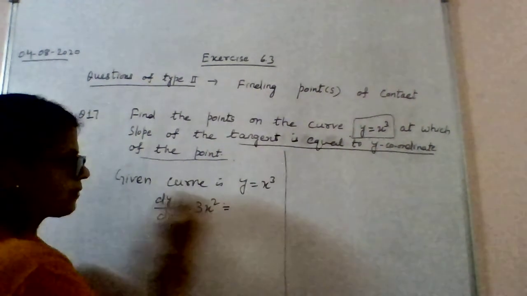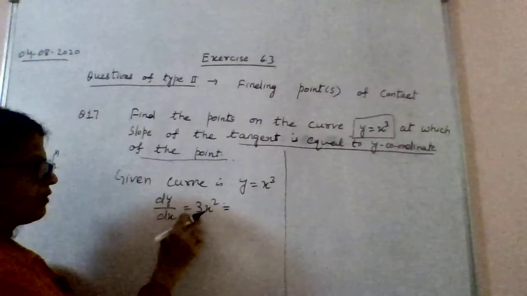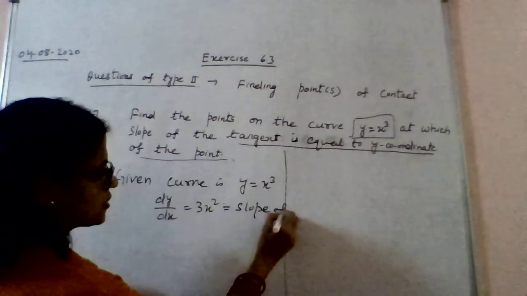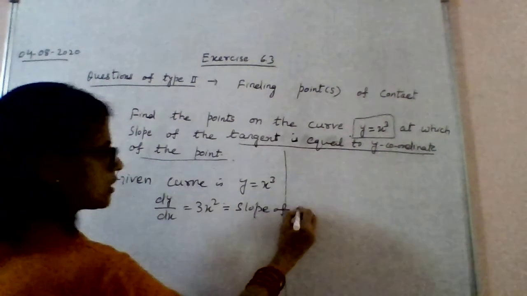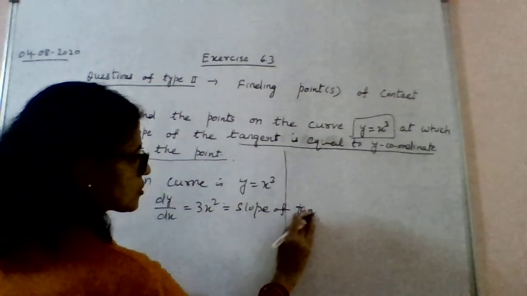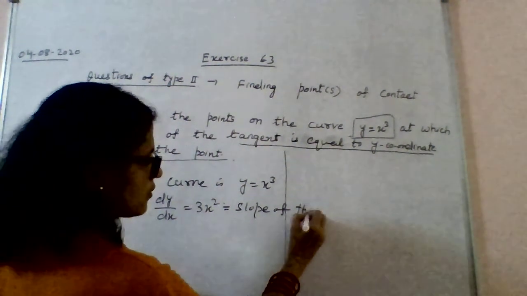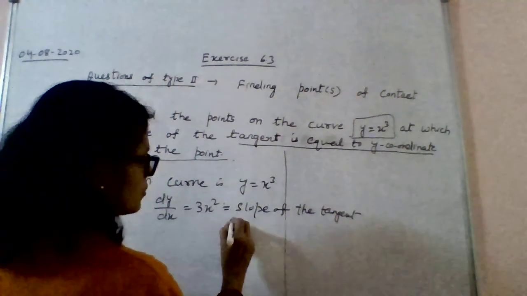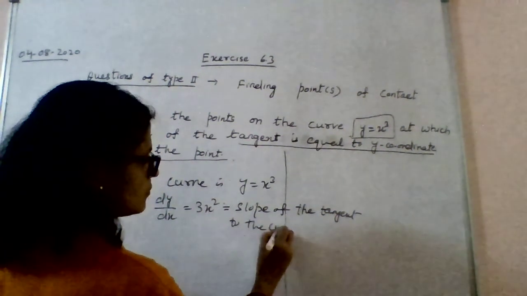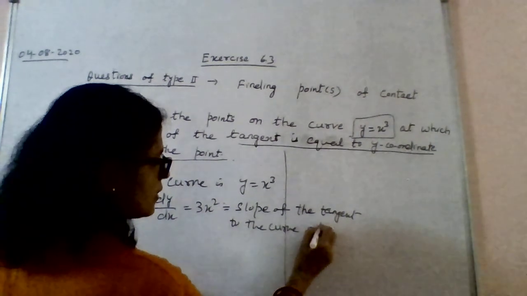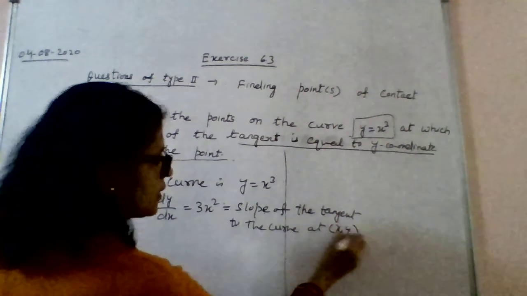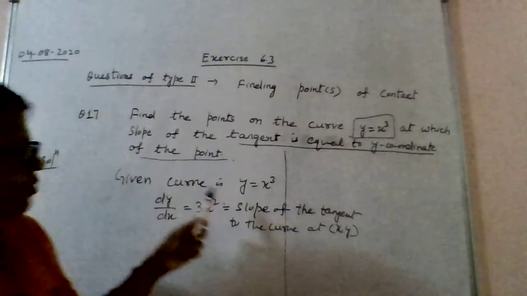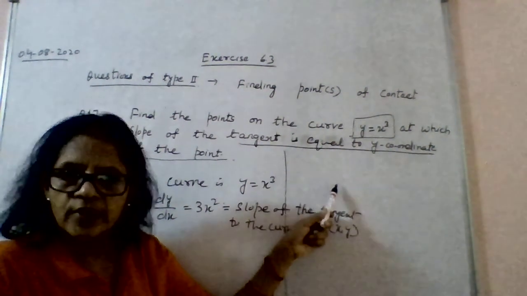So dy by dx, 3x square, we may take as the slope of the tangent to the curve at any point (x, y).